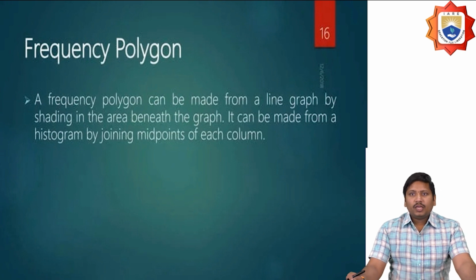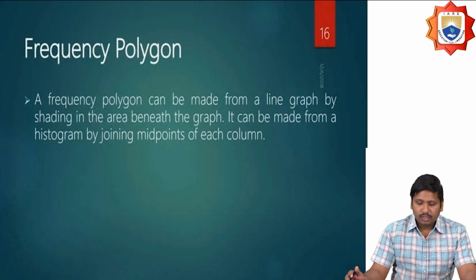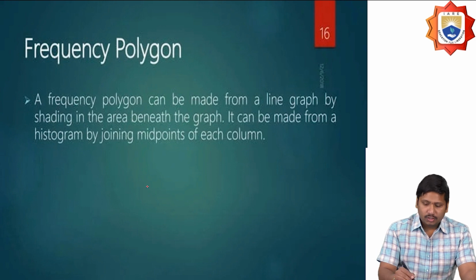And the frequency polygon is another kind of representation, which is normally obtained from the histogram only. Frequency curve and frequency polygon: what is the difference between them? Once we construct the histogram, we join the midpoints of all the bars.